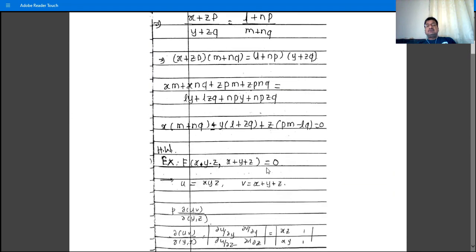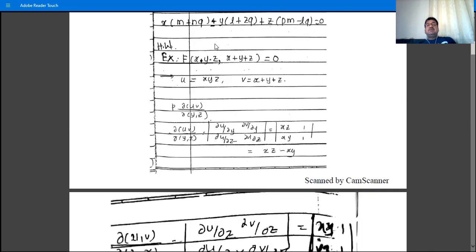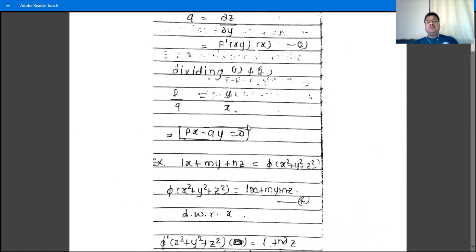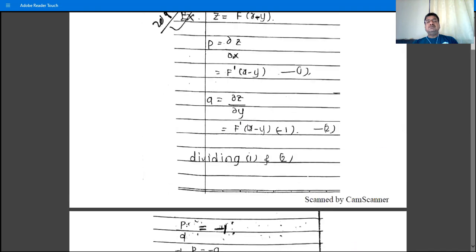So the solution is given and we have to find the partial differential equation. The next problem again has the solution given: f(xyz, x + y + z) = 0. This is a problem of the type f(u, v) = 0. There are two types of problems. If the problem is of the type f(u, v) = 0, then use the standard formula.